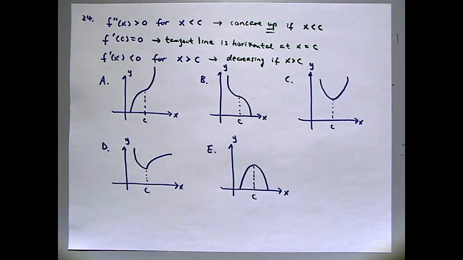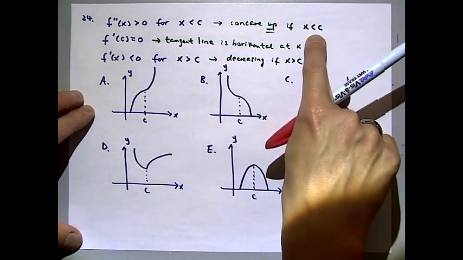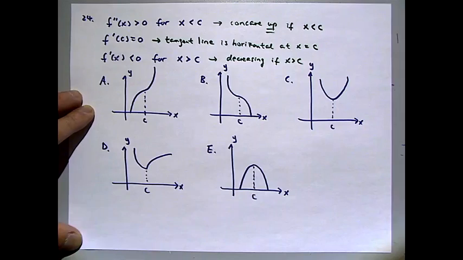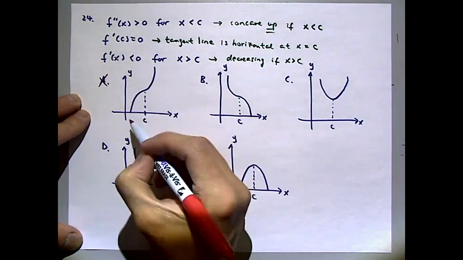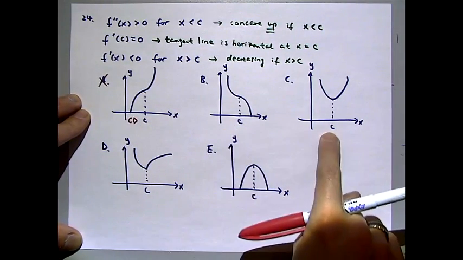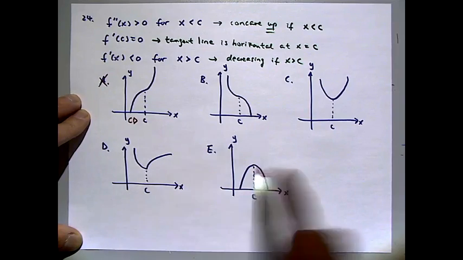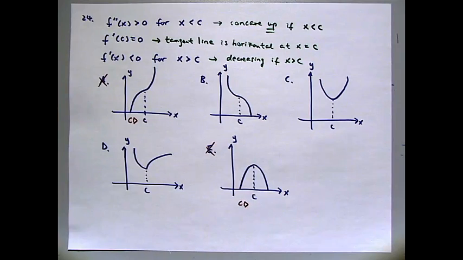The first one alone can eliminate quite a few of these. You want concave up for anything to the left of c. That's concave down, right? So that's not right. That's concave down here. We don't want that. Concave up, possibly, possibly, possibly, and not this guy, because that's concave down. So the first statement rules 2 of these out.